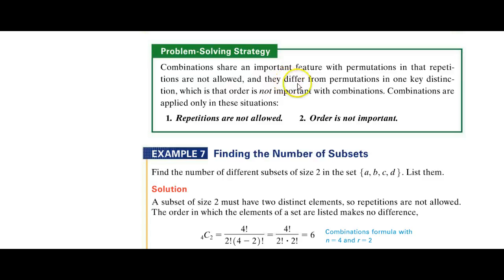And they differ from permutations in one key distinction, which is that order is not important with combinations. Combinations are only applied in these situations. Repetitions are not allowed, and order is not important.